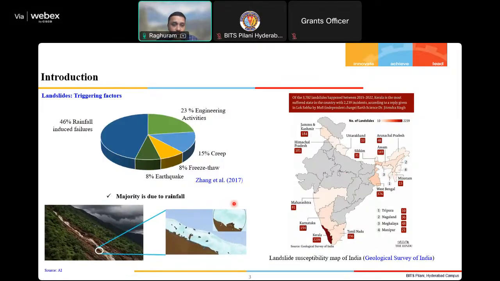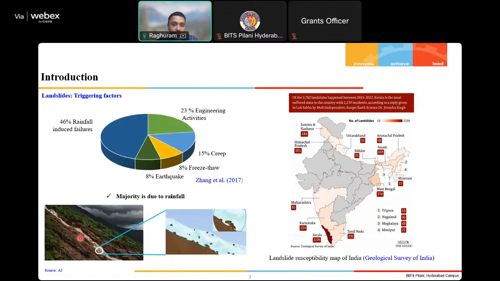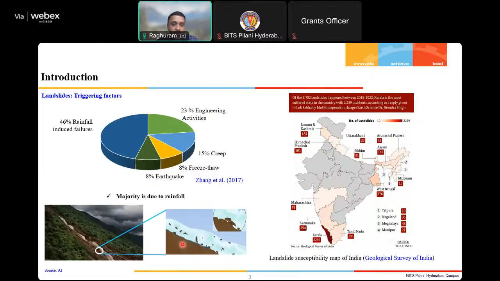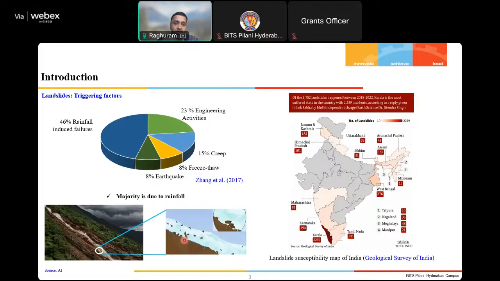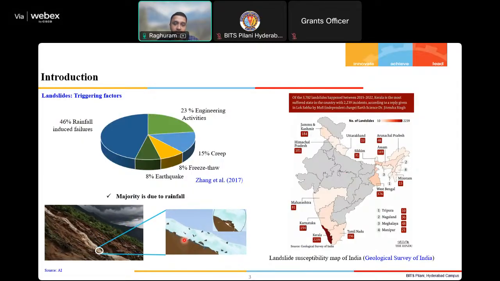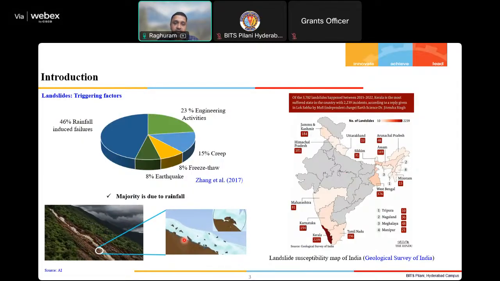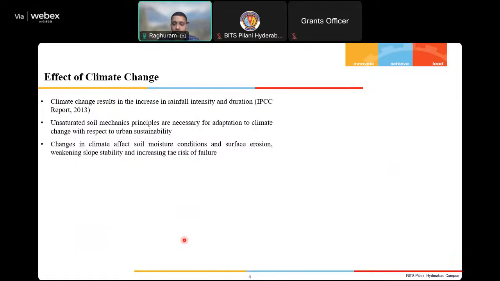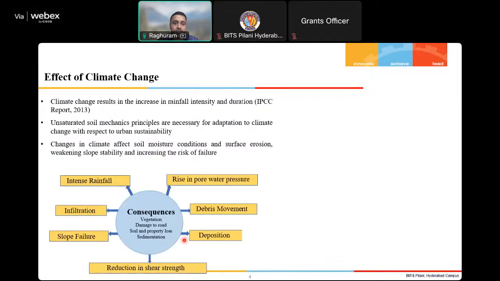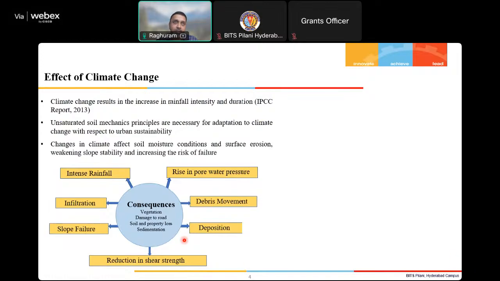And this is what happens when there is rainfall. It flows as runoff, and the soil particles will erode. The water will carry the soil particles along with it, and it initiates the triggering factors. When we talk about climate change, this changes the intensity and duration of the rainfall.